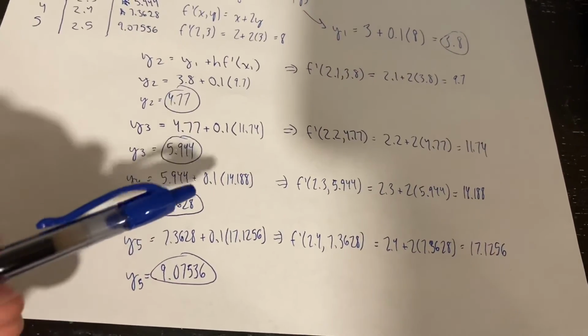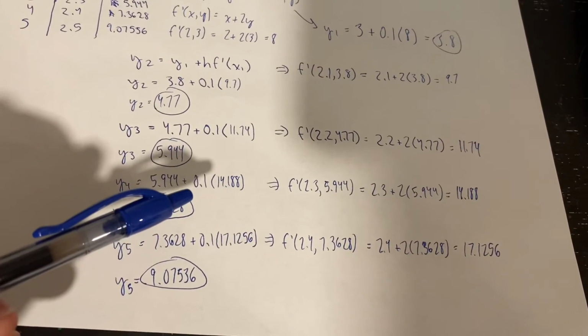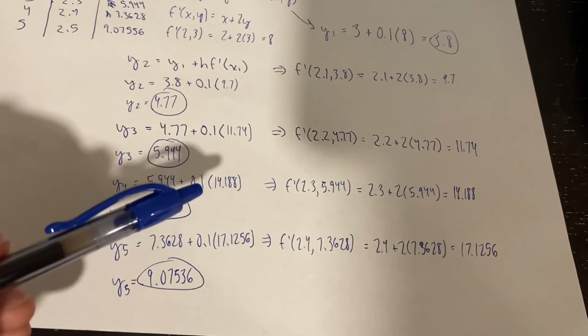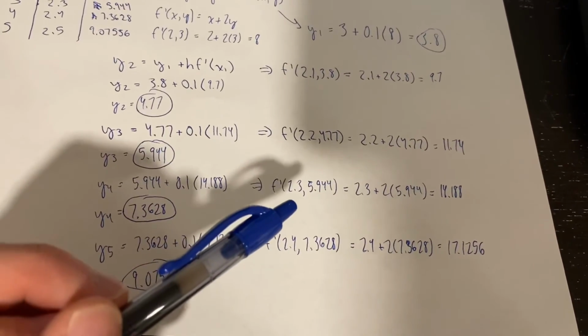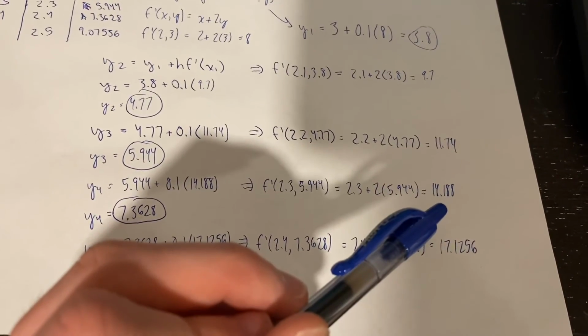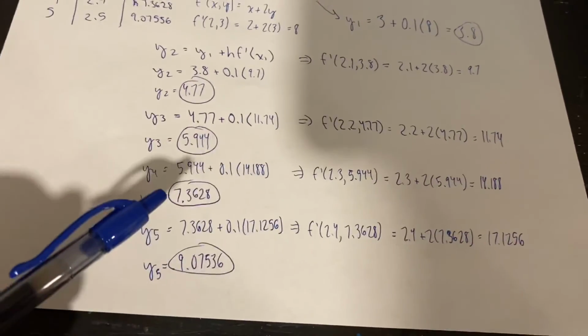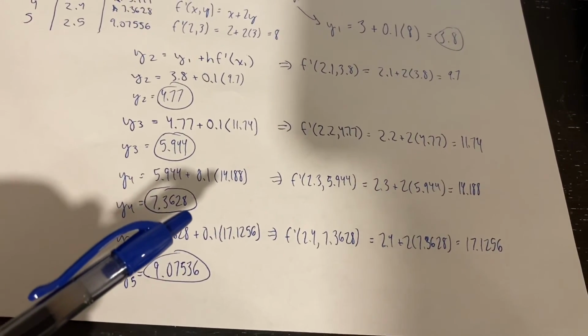Y sub 4 is going to be y sub 3, 5.944, plus the step size, 0.1, times f prime of x sub 3, y sub 3. And that'll give us 14.188. So plugging that into y sub 4, we have 7.3628.